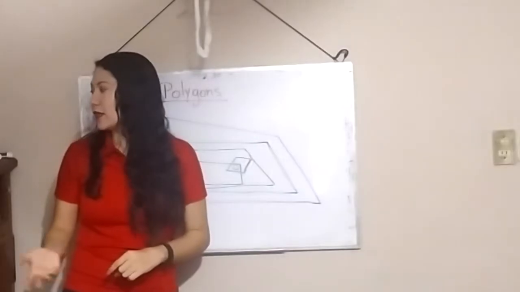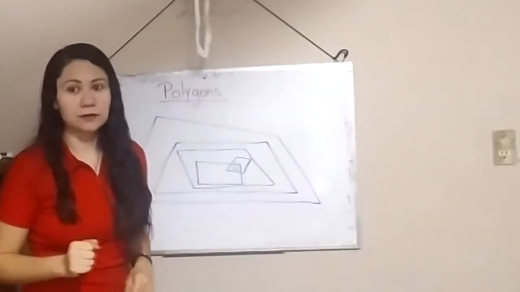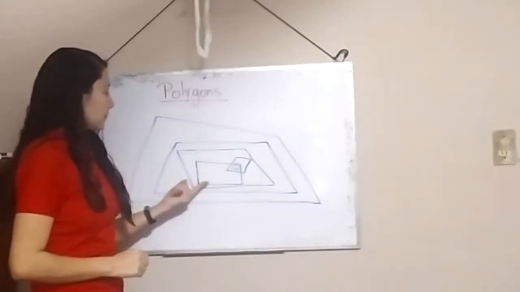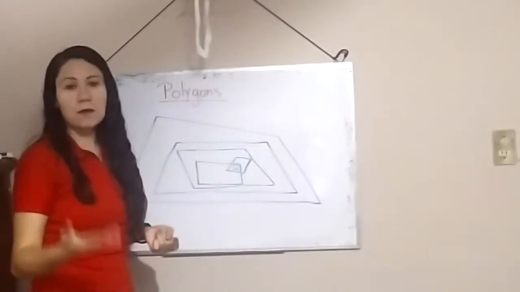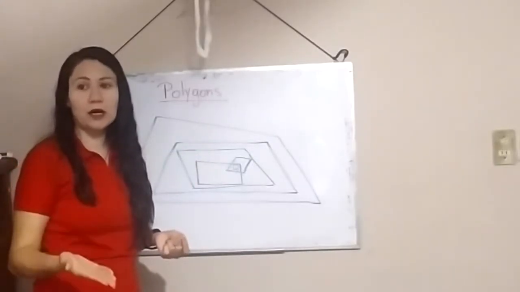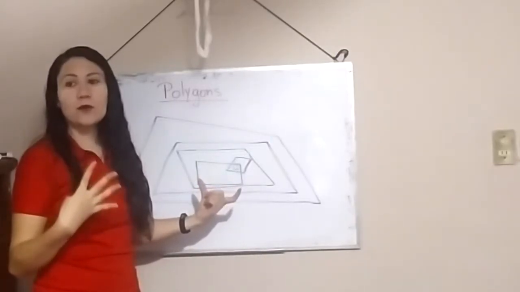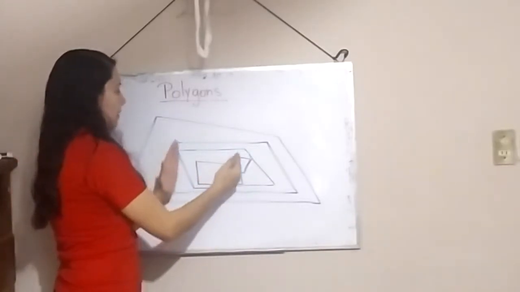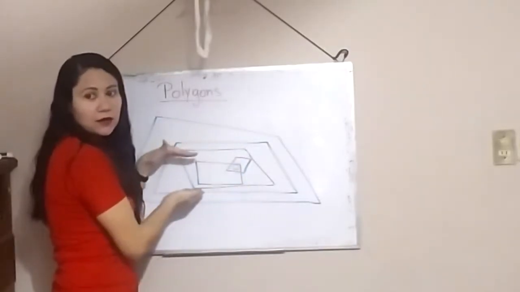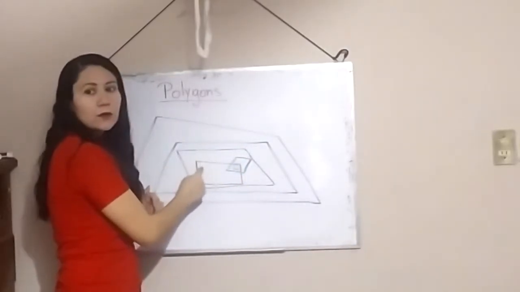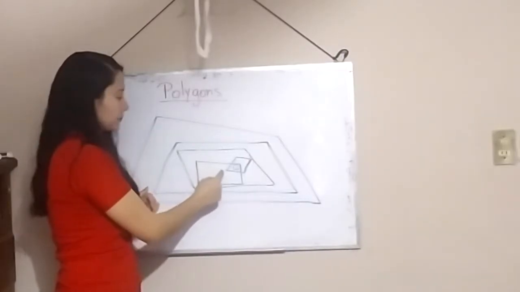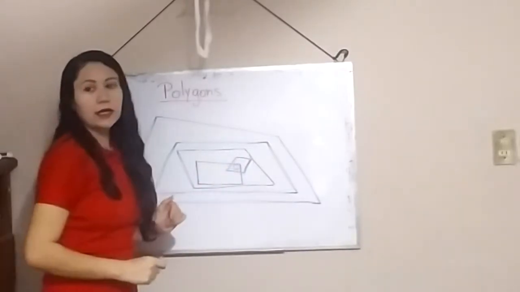Next, we have the rectangle. The rectangle, apart from having two pairs of parallel sides, has four right angles, okay? Parallel sides, but also right angles, okay?